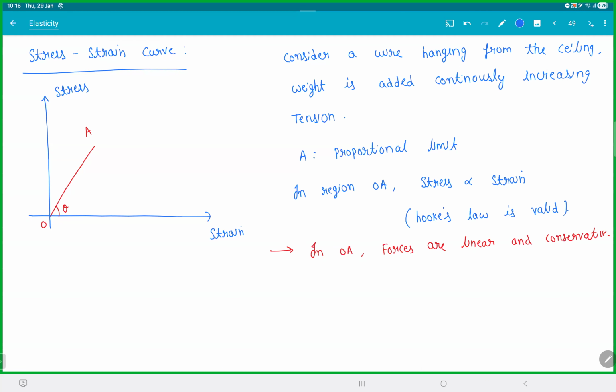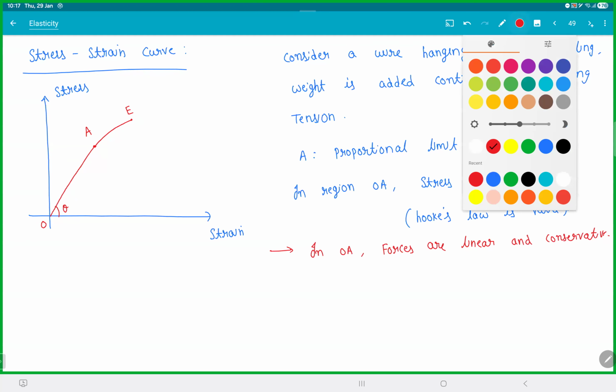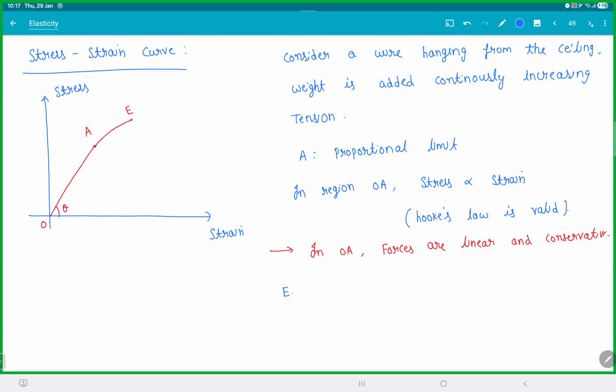Then, if you keep on adding weight, the second part of the graph is not a straight line anymore. We get something called E. E is called the elastic limit.